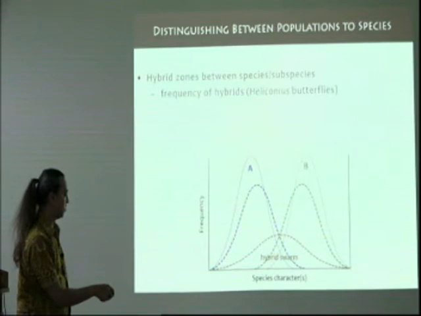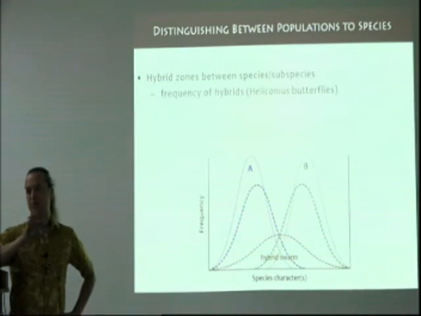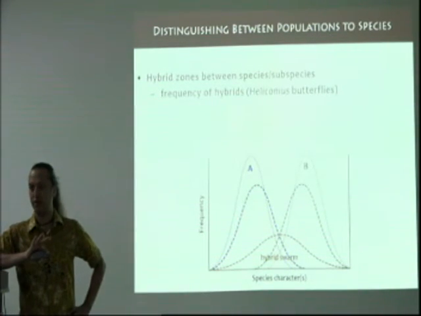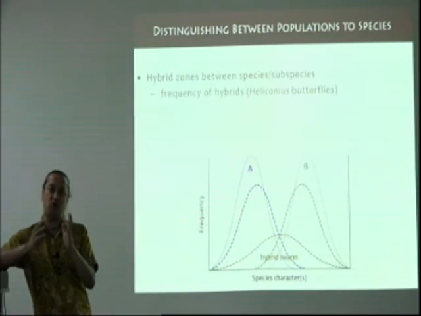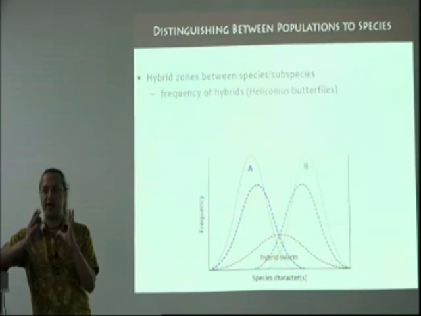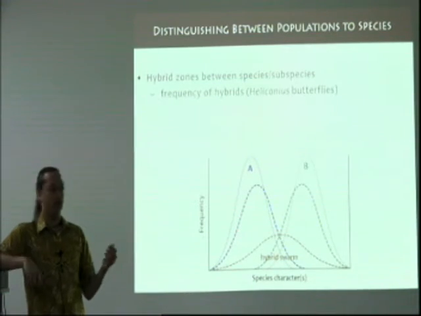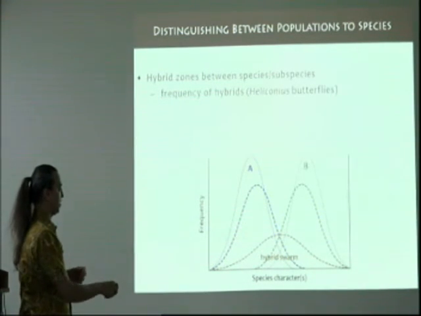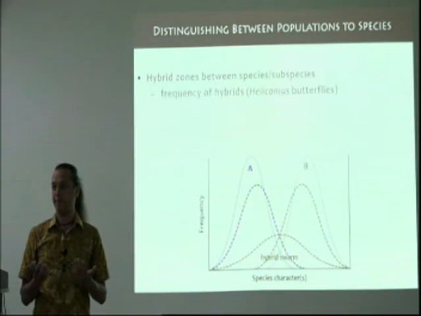So instead of this much overlap, with things that were intermediate between these two, now you have this much overlap in the two distributions, but you still have largely two distributions. You have a bimodal distribution of phenotypes, right. So even when these things come in contact, if they maintain more or less their genomic trait combination integrity, then you will call them species. And if you have a hybrid swarm like this with one peak in between, you will call them subspecies.